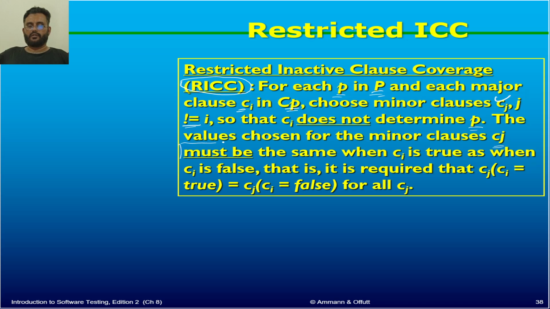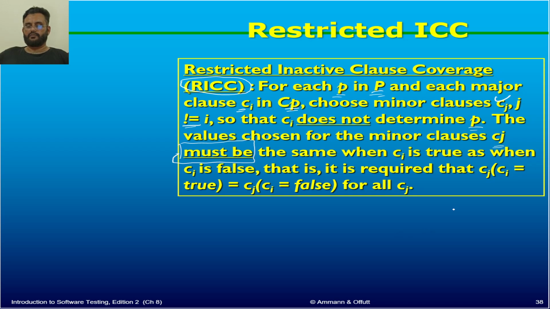It means now we have a restricted choice: we will just be using those values of minor clauses which are the same when the major clause was true and when the major clause was false, but the predicate value does not change when the major clause value changes from true to false.